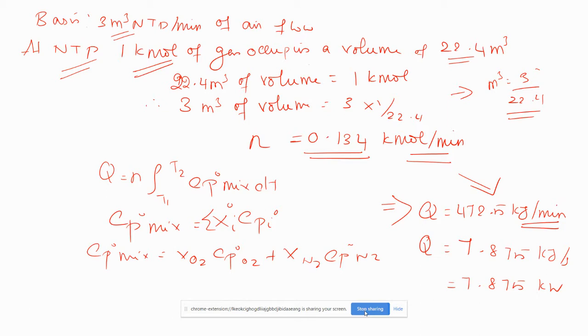So first how we should find it, I will explain. The basis here is N, that is 2 kilomole of natural gas. First you find the X of CH4, 84 percent.